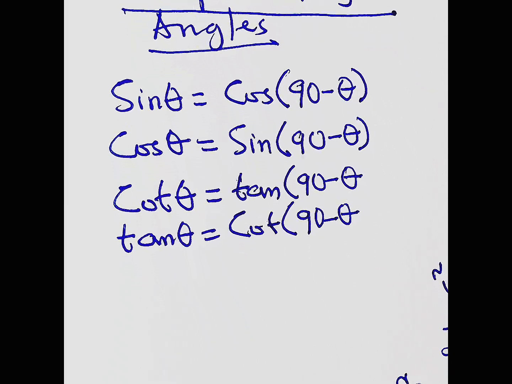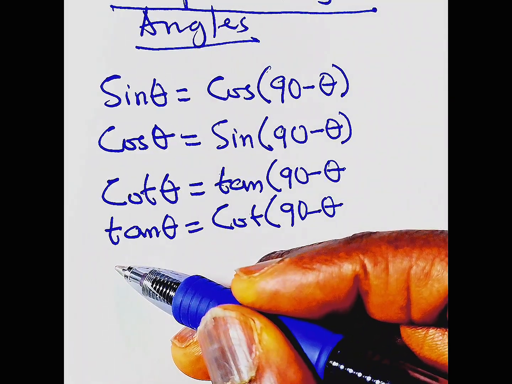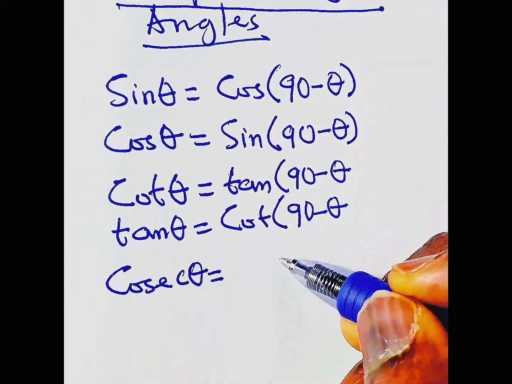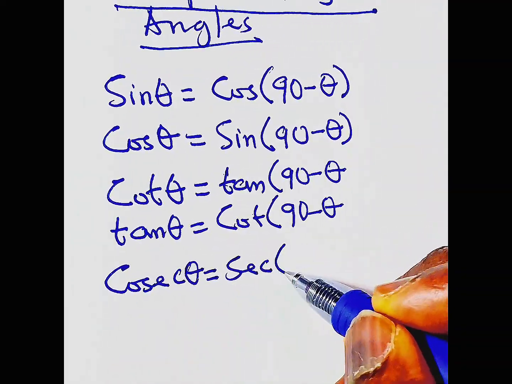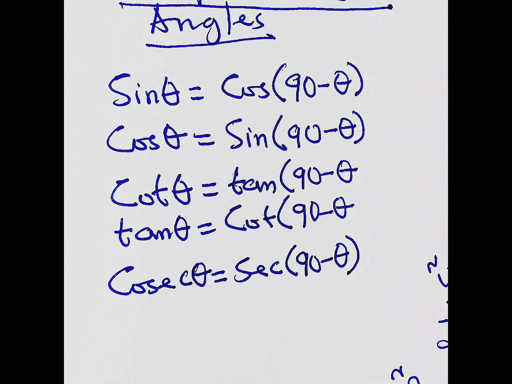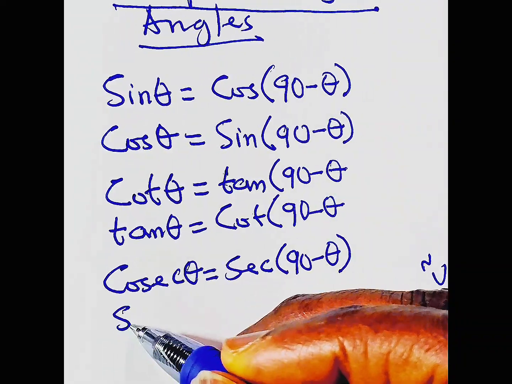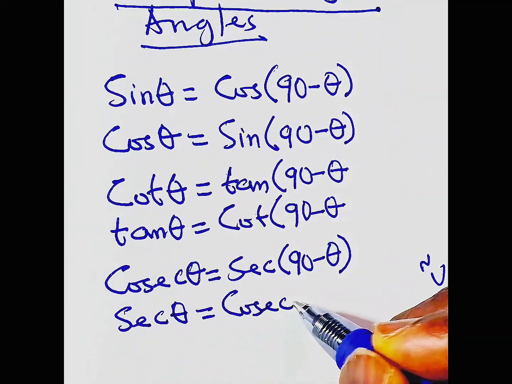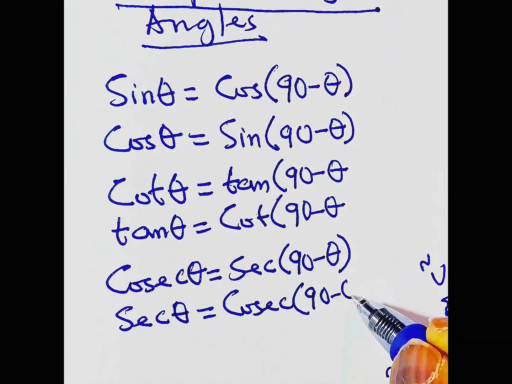So if I also mention that cosec theta is going to be sec of (90 minus theta). Also, if I say sec theta, that is going to be cosec of (90 minus theta).